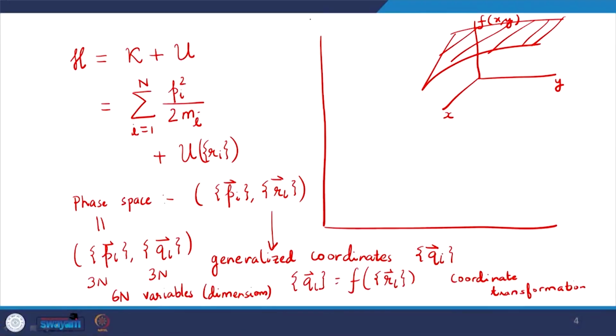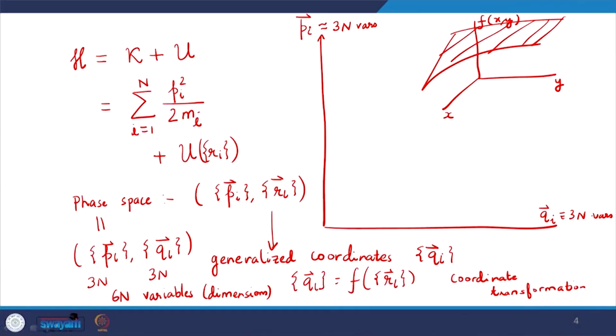I would represent the momenta along the so-called y axis and the coordinates along the so-called x axis, but then this is a representation of 3n variables, and this is a representation of 3n variables. So, we should not think of it as a 2D plot as it looks on the board. We are simply drawing a 2D plot because we cannot draw a 6n dimensional plot, right.